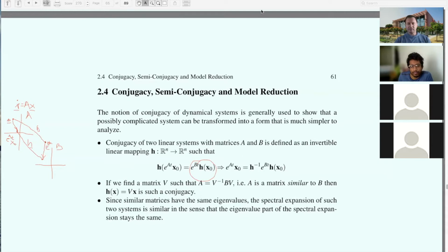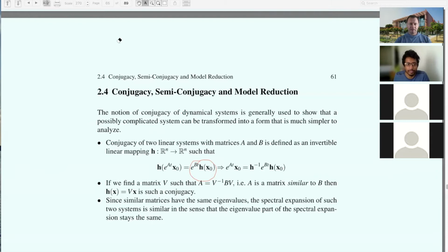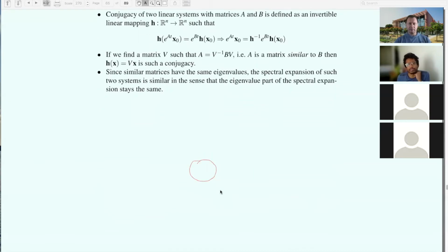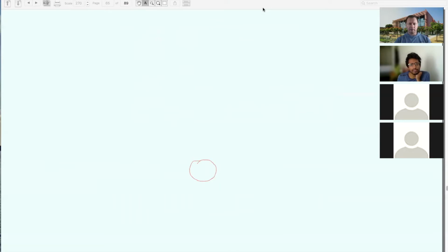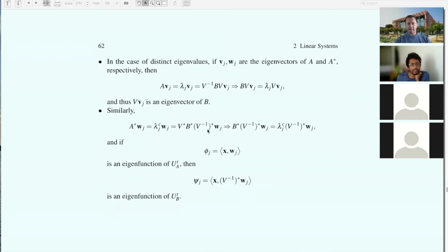But let's now see a little bit about eigenfunctions. So let's talk a little bit about eigenvectors, because if we have similar matrices, then the eigenvalues are going to stay the same. So let's assume that we have distinct eigenvalues just for simplicity.